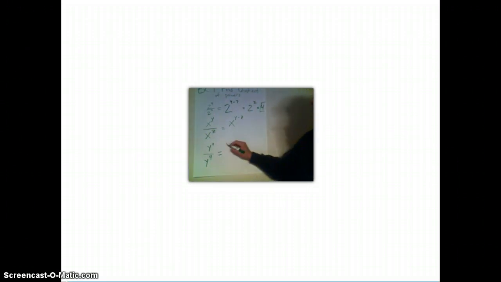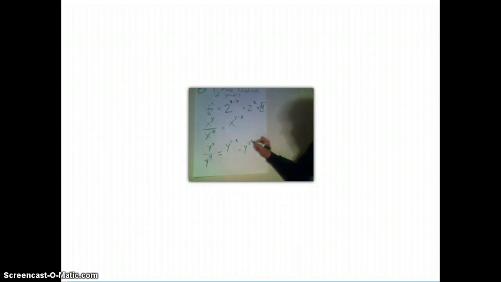If I have a power that doesn't have an exponent showing, my exponent is always going to be that invisible 1, right? So I have y to the 1st all over y to the 4th. Then I'm going to use that division property, and I'm going to go y to the 1 minus 4, which is going to be y to the negative 3.